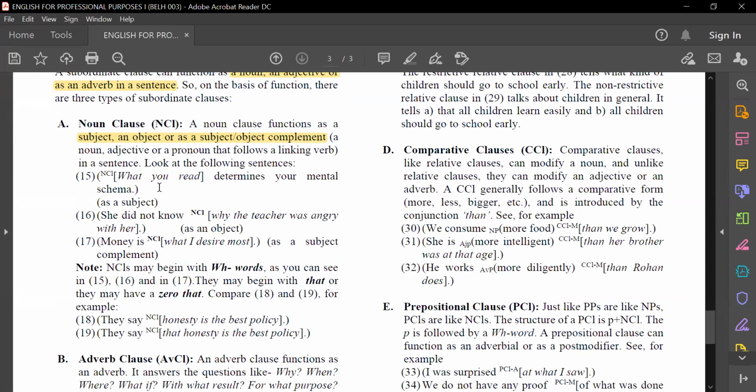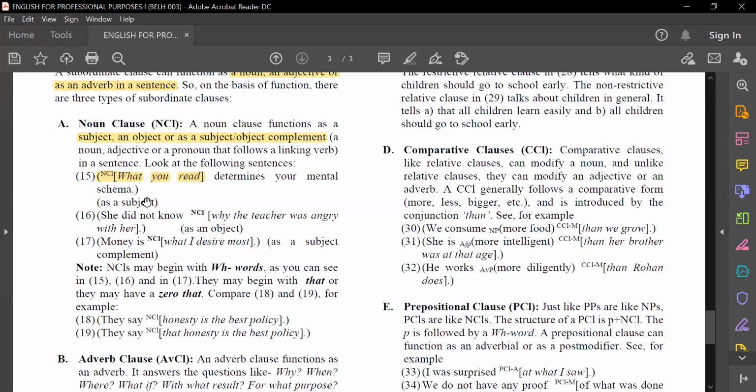This is the noun clause which is working as a subject. Then we have the other remaining things in the sentence, the predicate with an object. So this "what you read" is working as a subject here.